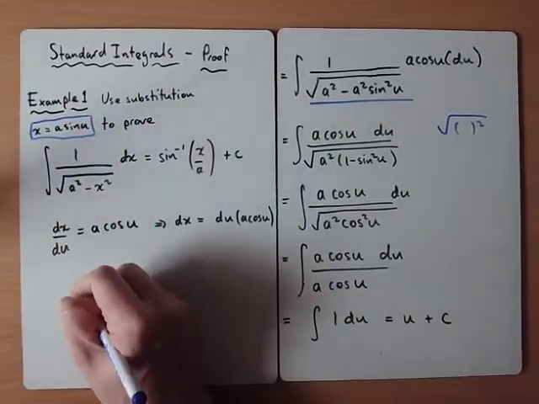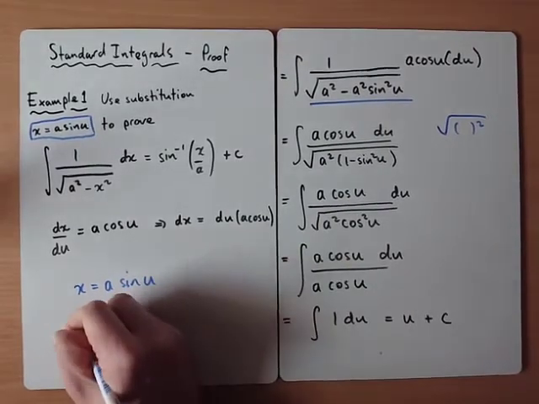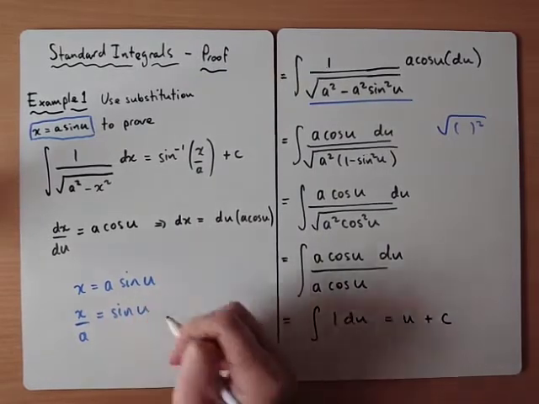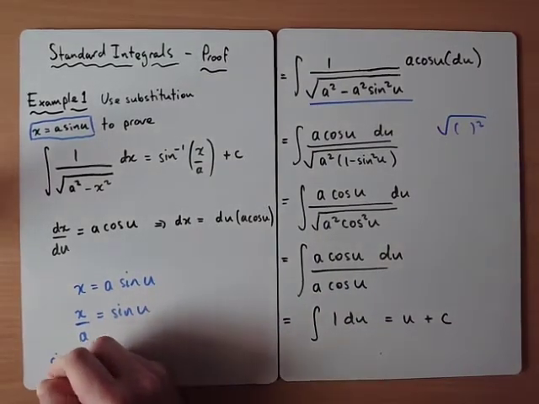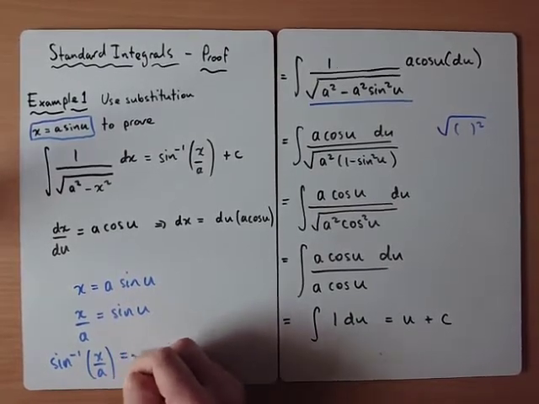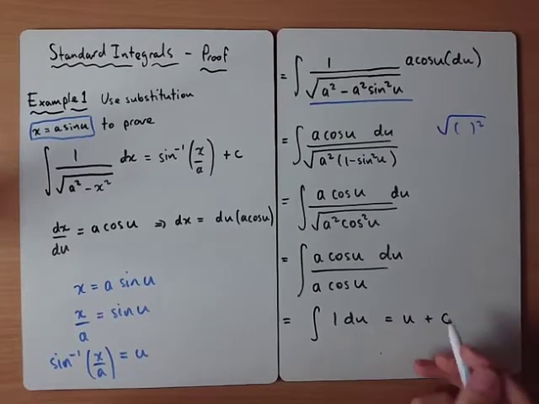I know if x equals a sine u, x over a would equal sine u. So sine inverse of x over a is equal to u.